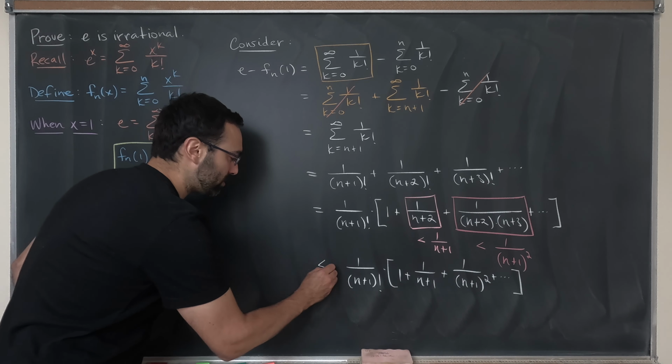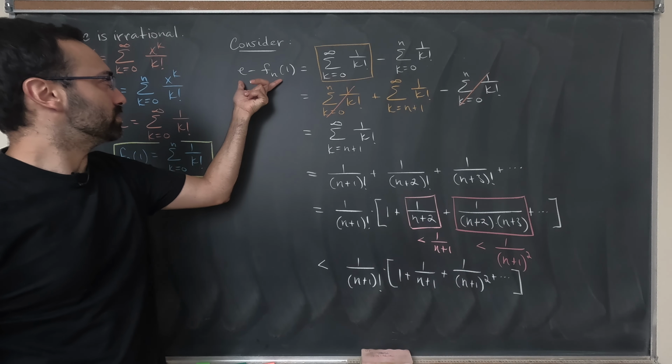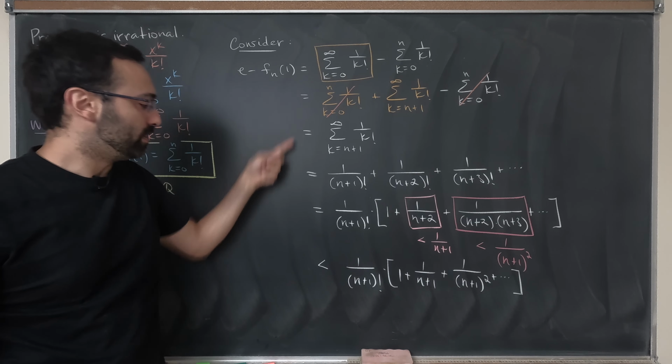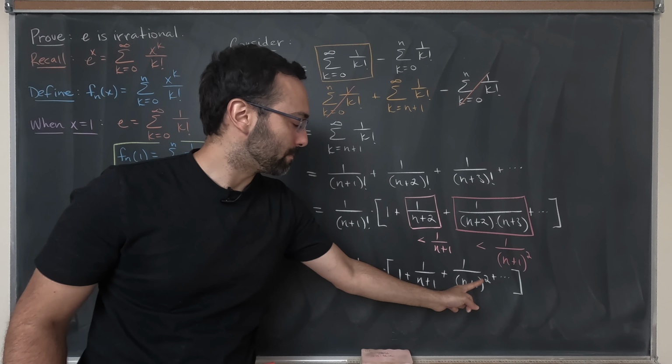So we have this inequality that tells us that this difference between e and f sub n of 1 is less than this amount here.